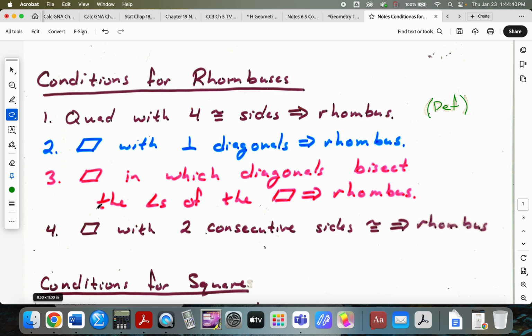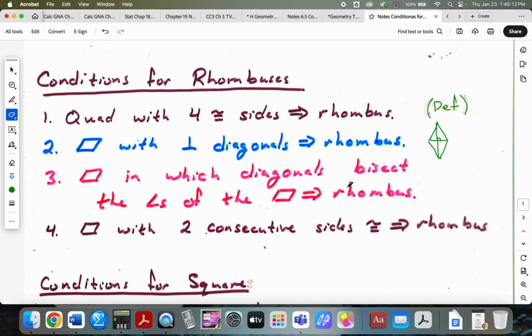If you know it's a parallelogram first, there are 3 different ways to know that it's a rhombus. One is to know that the diagonals are perpendicular. Remember I talked to you about taking your diagram and turning it up like this? If it's a parallelogram and the diagonals are perpendicular, then you know that it's got to be a rhombus.